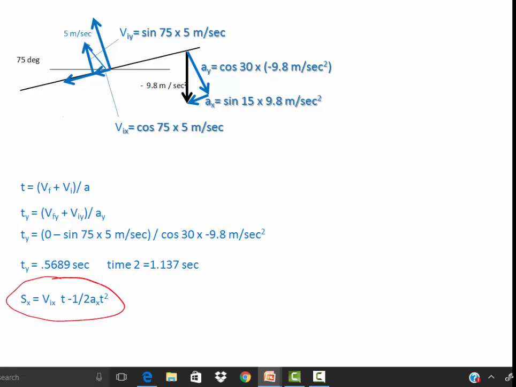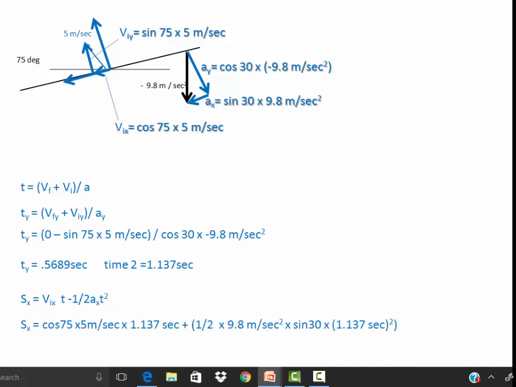And then the distance formula is right here. This will be plus because the acceleration is in the same direction as Joe is throwing it. So the initial velocity in x is right here times our time, which we got right here, plus 1/2 the acceleration in the x direction is right here, times our t squared.